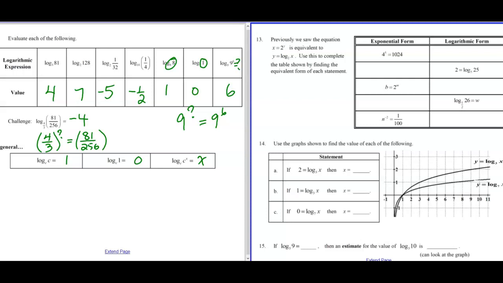Okay, so previously we saw the equation x equals 2 to the y is equivalent to y equals log of x base 2. Use this to complete the table by finding the equivalent form. So exponential form, so basically we're now putting the exponent is 5 equals log base 4 of 1024.